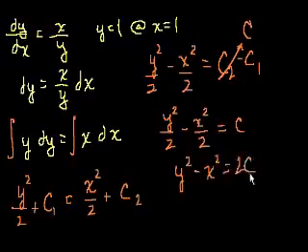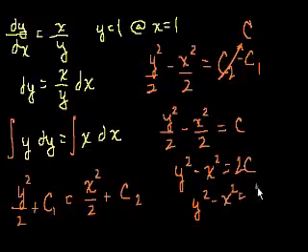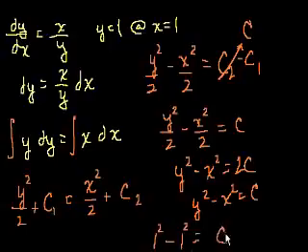Well, now this is still any constant number, so we could still write this as a c. So we have y squared minus x squared is equal to c. Now let's use our initial conditions to see what c is. So when y is 1, so 1 squared minus, when x is 1, 1 squared is equal to c.